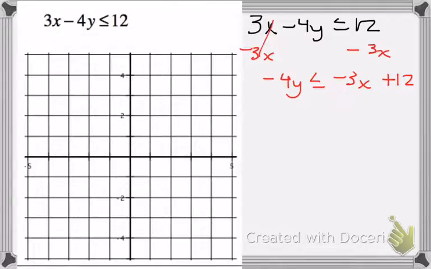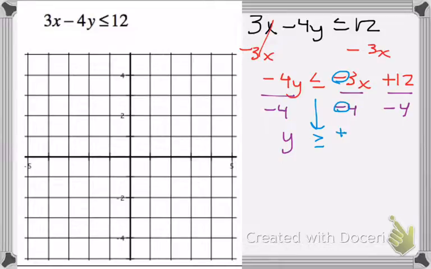And then I need to divide all parts by that negative 4. Y is, and this is going to flip, negative and a negative is a positive. So right here, this is going to flip to be like this. And these are going to make for a positive 3/4 x and then minus 3.